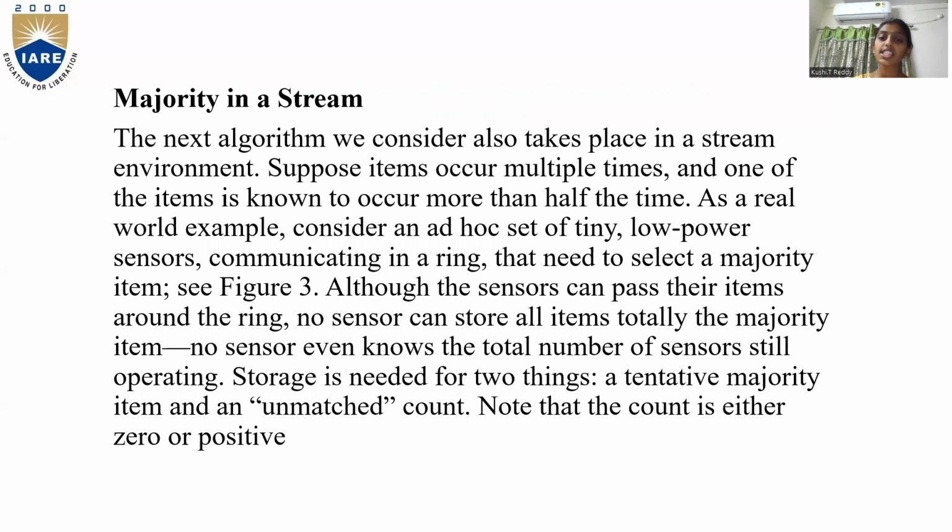Although the sensors can pass their items around the ring, no sensor can store all items. No sensor even knows the total number of sensors still operating. So, storage is needed for two things: a tentative majority item and an unmatched count. Note that the count is either 0 or positive.